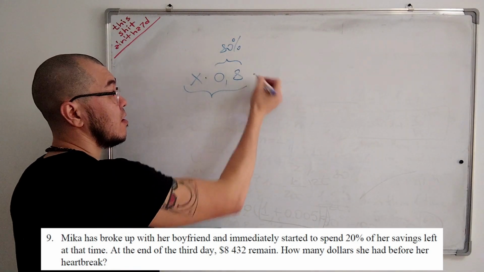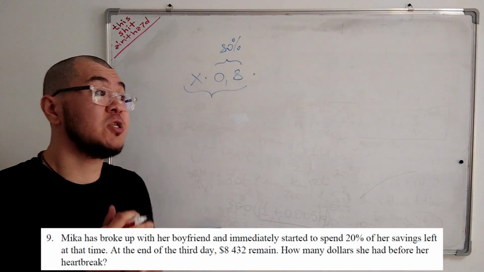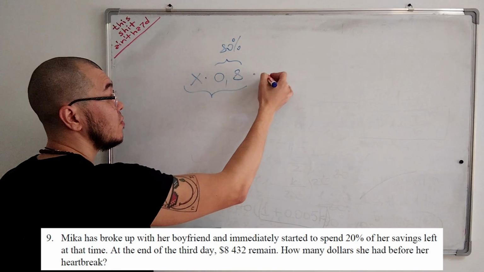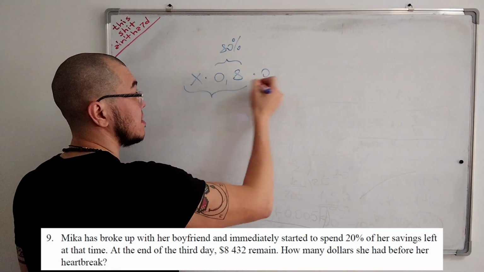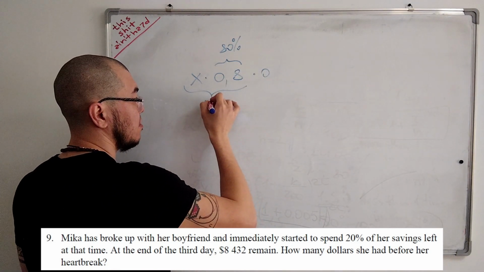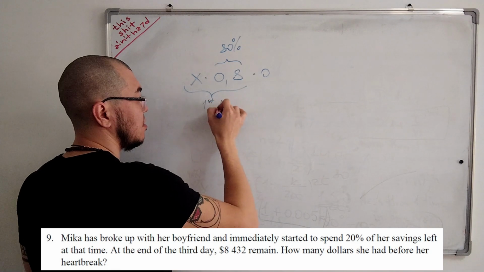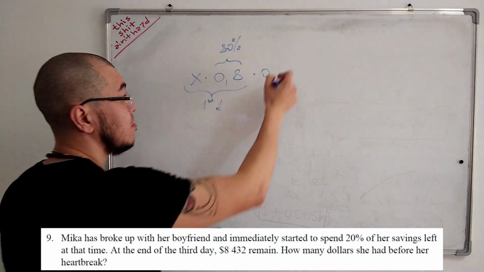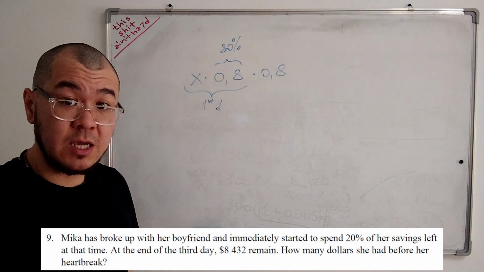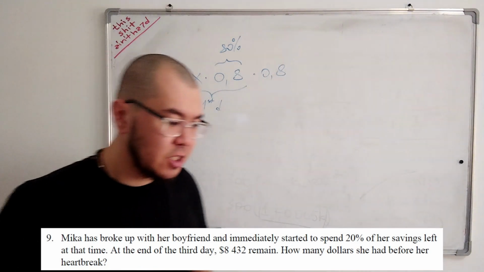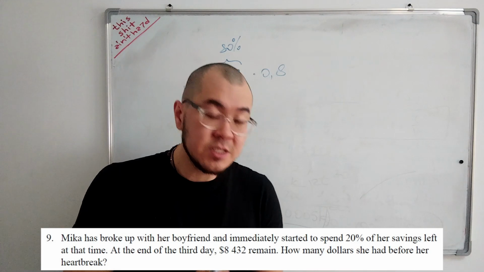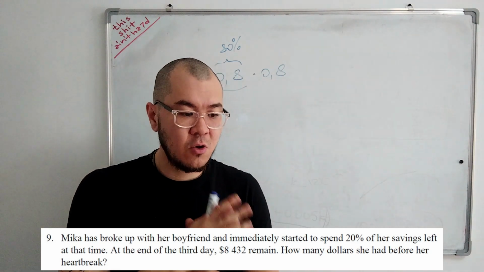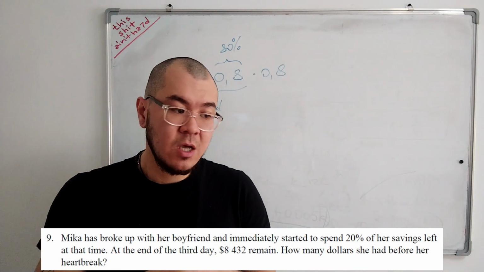And to find out how many bucks she has after the 2nd day, we again multiply this amount of money by 0.8, because she is spending 20% of her savings at the time.